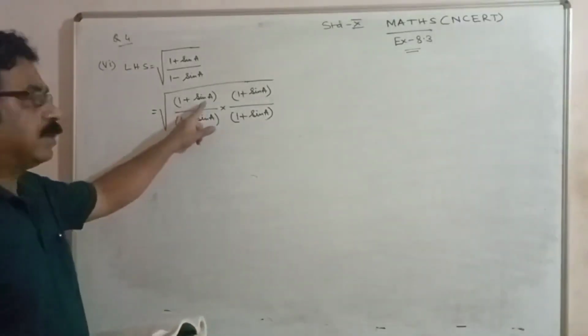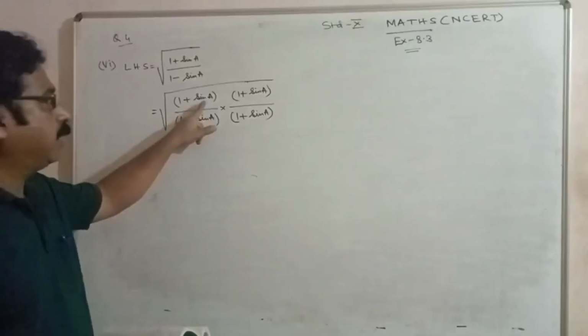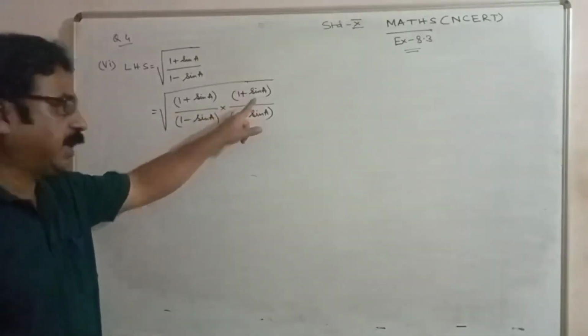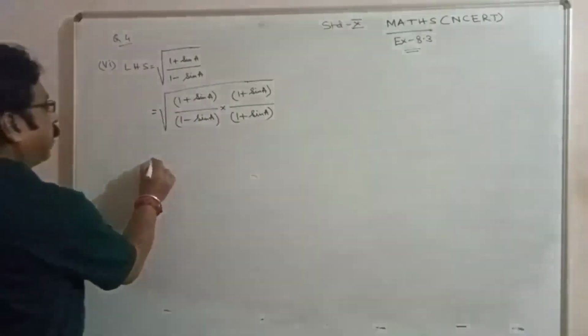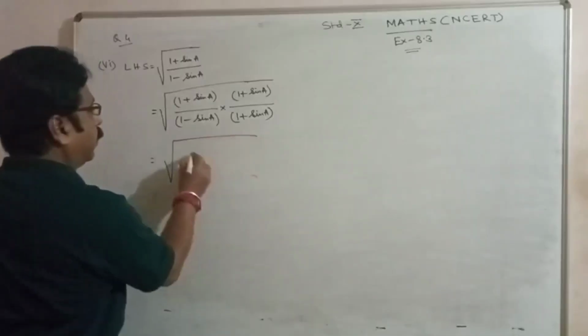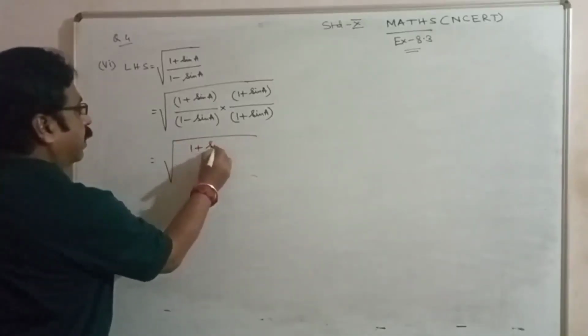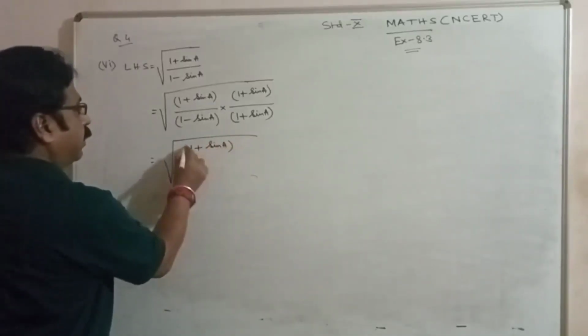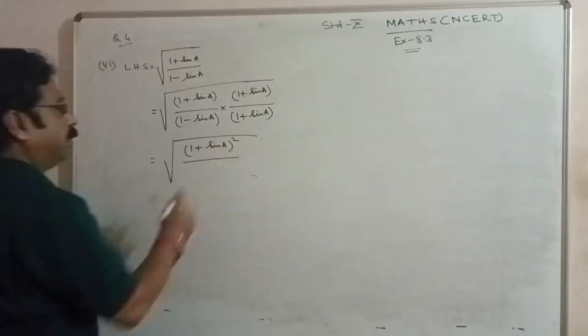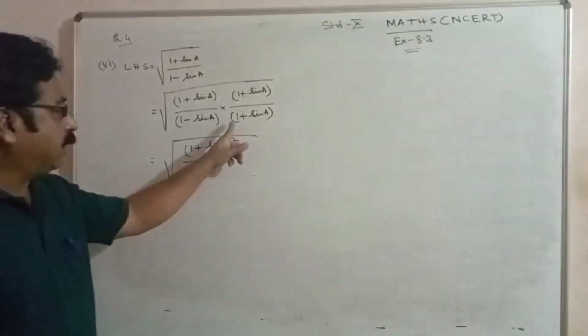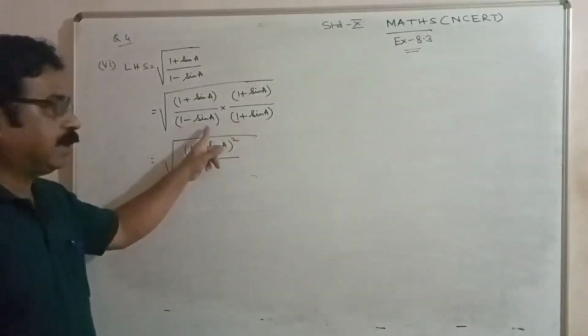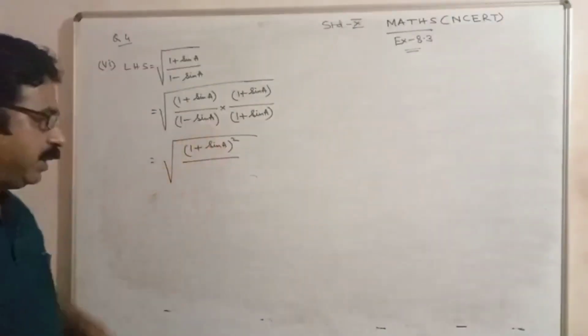Now this is A plus B, 1 plus sin A. It is also A plus B, 1 plus sin A. It will be 1 plus sin A whole square. It is A plus B, it is A minus B, means A square minus B square.